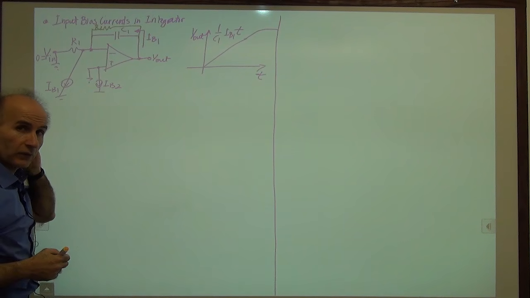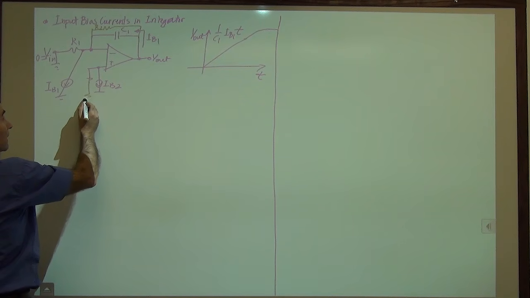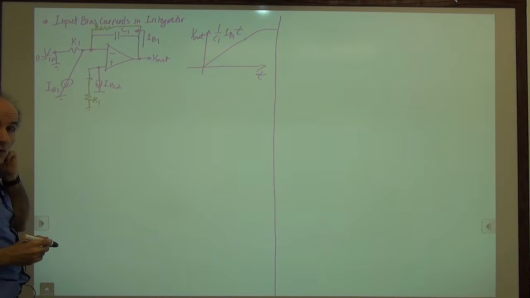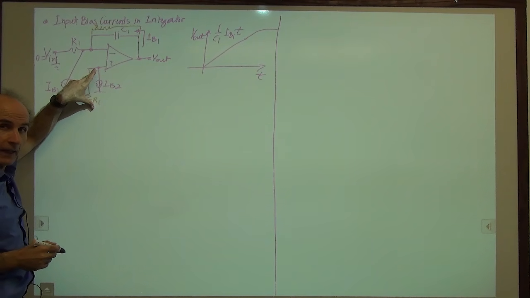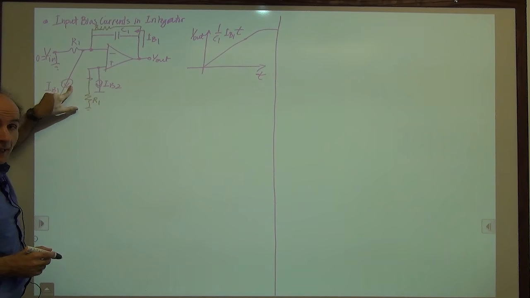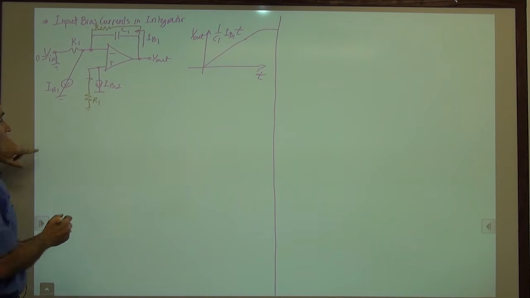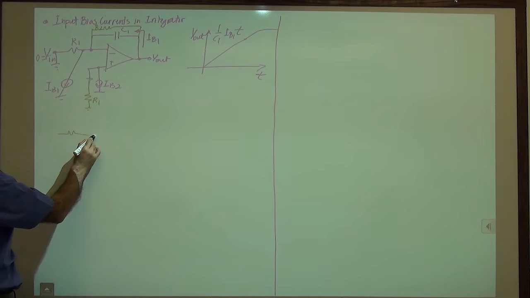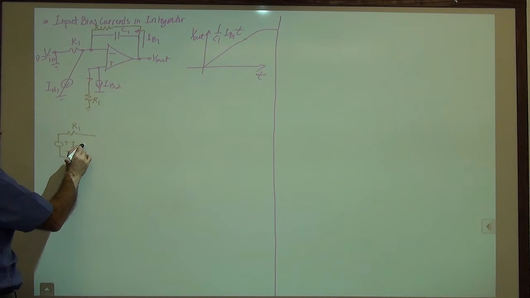But we can also try to add a resistor here equal to R1 so that IB2 flows through this R1 and generates a voltage. And the hope is that this voltage and the Thevenin voltage of these two cancel each other, because I can replace this by a Thevenin as well. So if I replace them by Thevenin, this is what I get. I get IB1 R1.